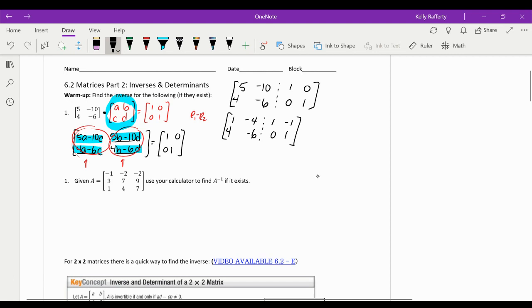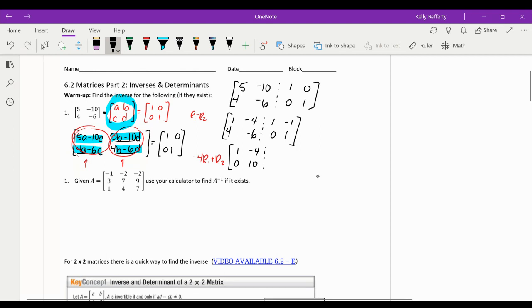All right, so I've got my 1 in the first row, first column. Now I want to get rid of this 4, so I'm going to do negative 4 row 1 plus row 2. So negative 4 row 1 would be 16 plus negative 6, 10.